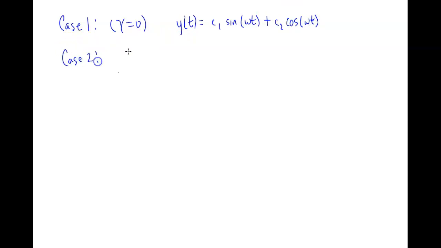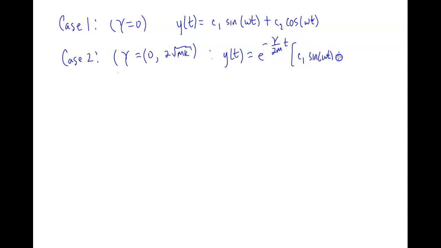In a case 2 situation, we do have some damping, but the damping is a value in between 0 and this quantity here, which is 2 times the square root of the product of the mass and the spring constant kappa. When we have this situation, the response looks like this. Since I wrote sine first, I'll keep it that way.